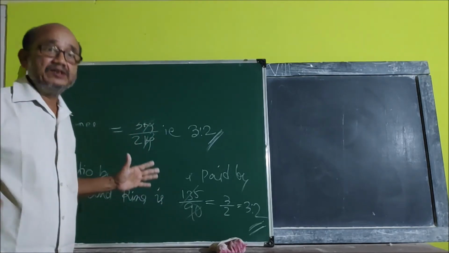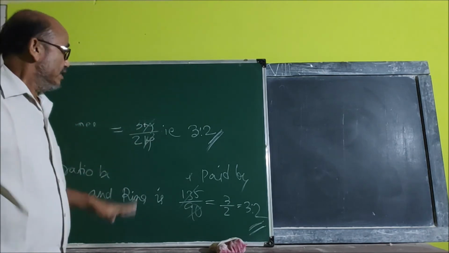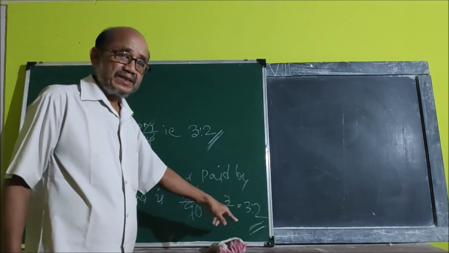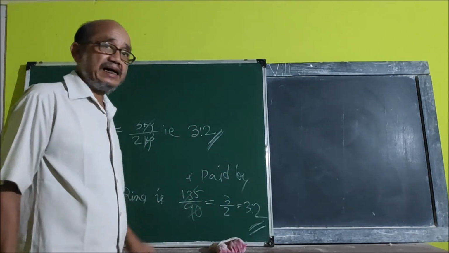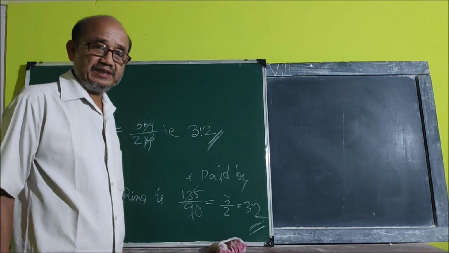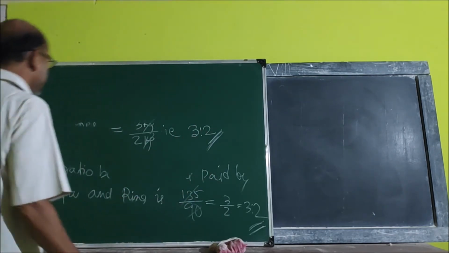Though these are different quantities, one is the ghee and the other is the amount, the result is the same. Then such types of ratios are called what? Proportion.